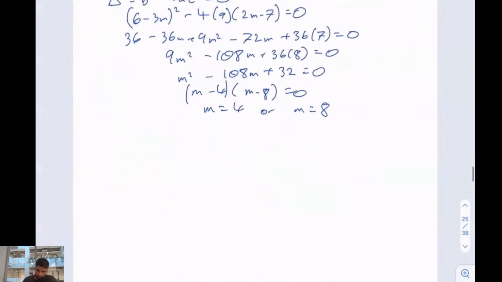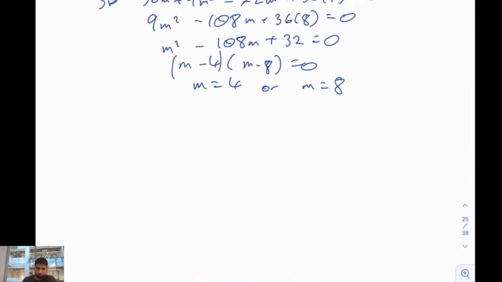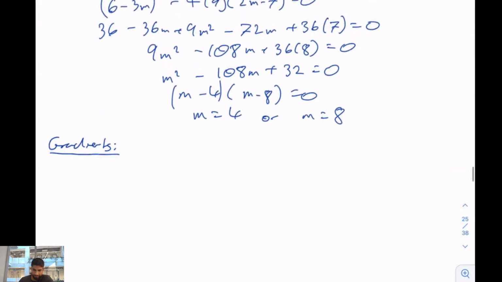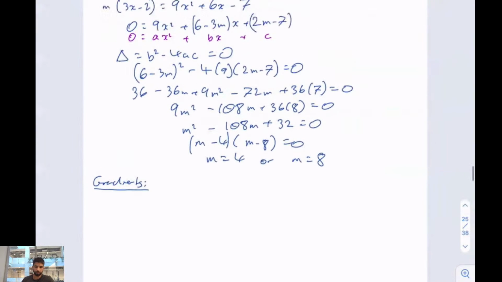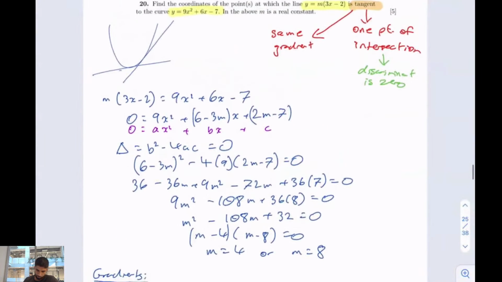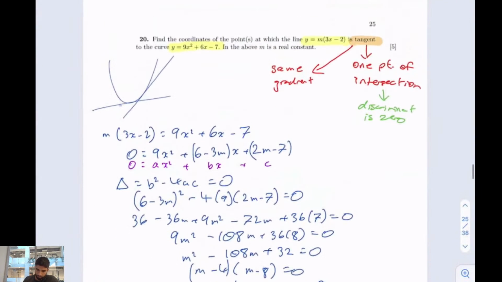So to use that, what we need to do is equate the gradient of the line to the gradient of the curve. So looking at the gradients, let's remind ourselves what the lines are.